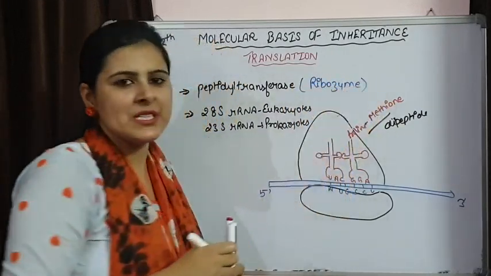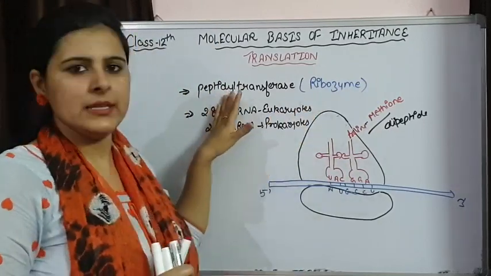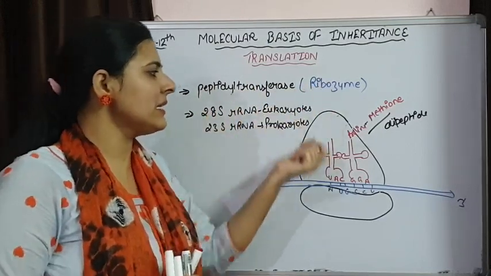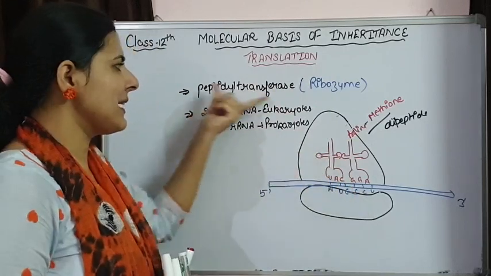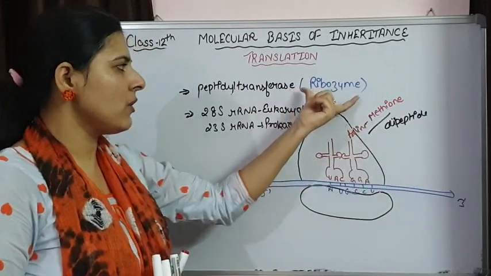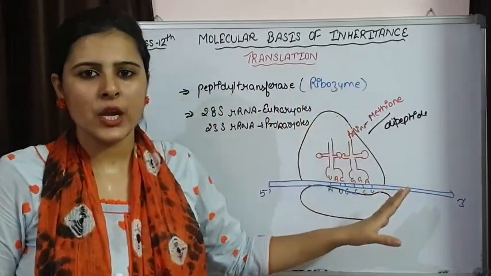So ribozyme simply means when an RNA molecule is behaving as an enzyme. So peptidyl transferase is rRNA that is present in the larger subunit of the ribosome, but here it is catalyzing a reaction, that is peptide bond formation. So we are calling it a ribozyme, and here no energy is consumed.